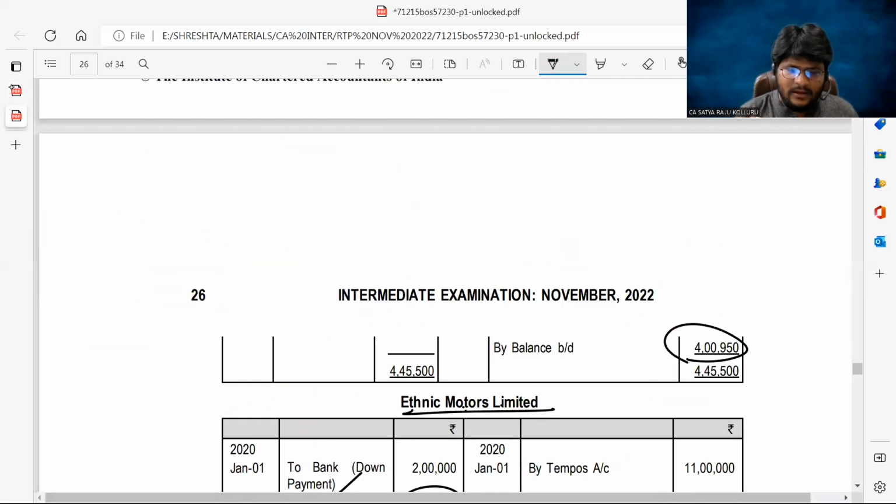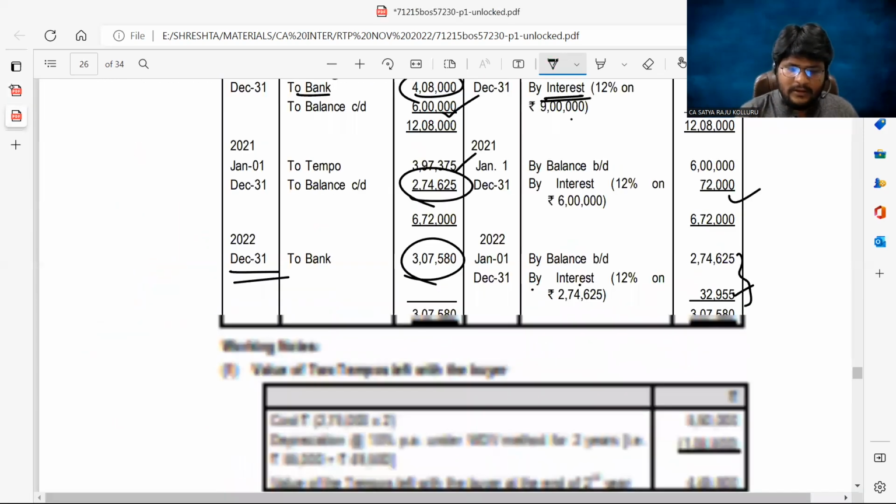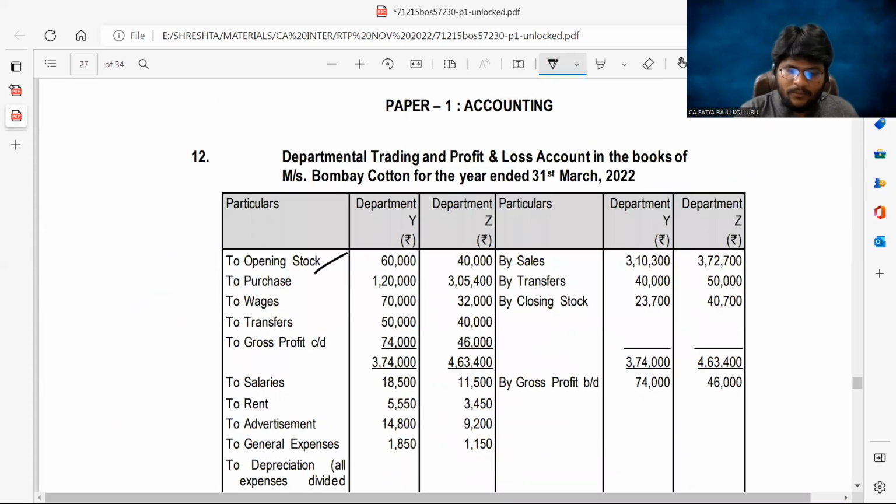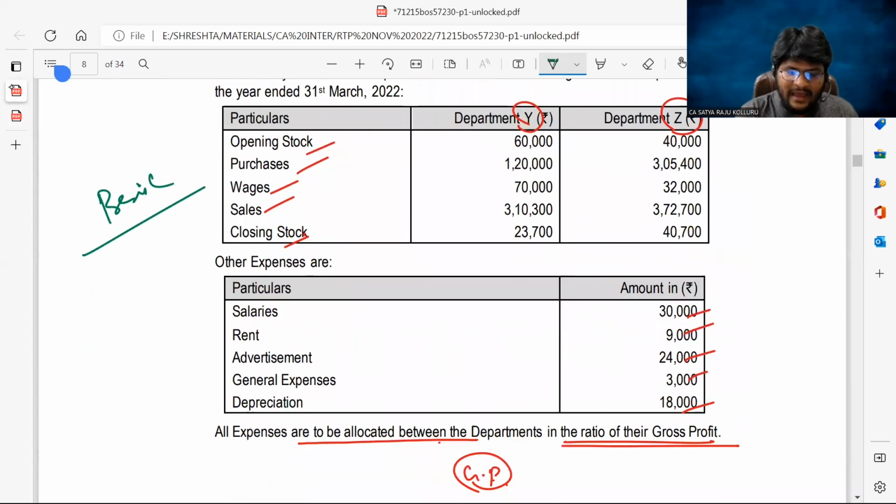First, let me put the solution: opening stock, purchases, wages, sales, closing stock. Up to this, everything is there. Now, related to salaries, rent, advertisement, general expenses, depreciation, don't go there at this moment because we need to know the GP first. Based upon the GP of that particular department, we can apportion these expenses between department Y and department Z.